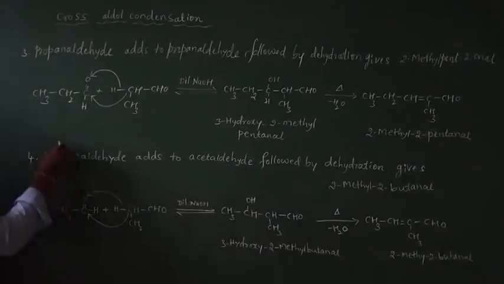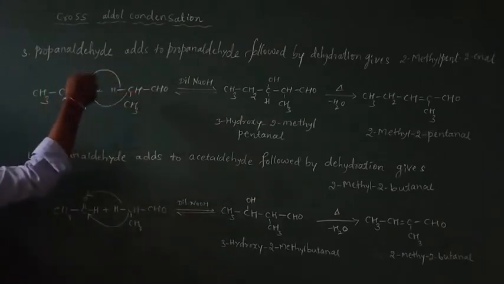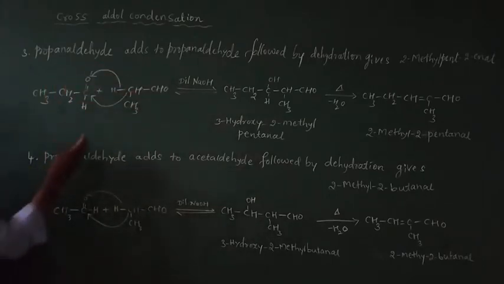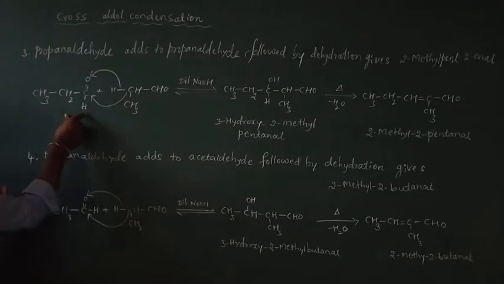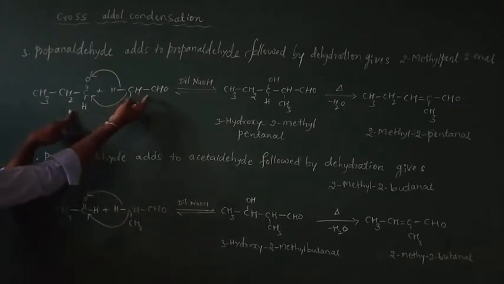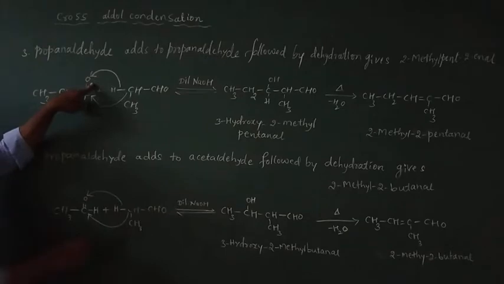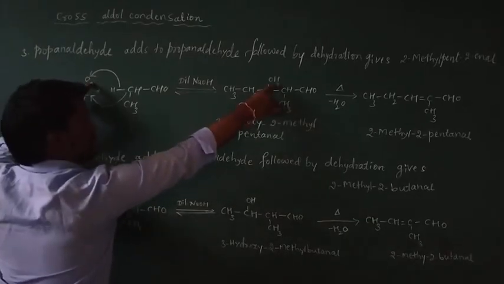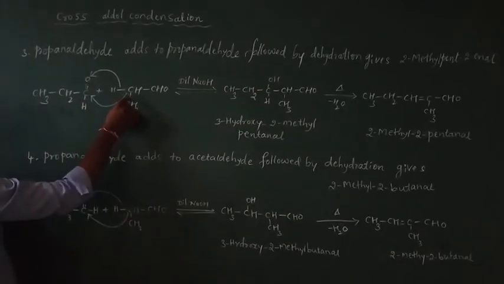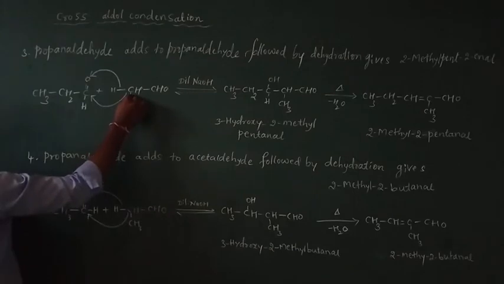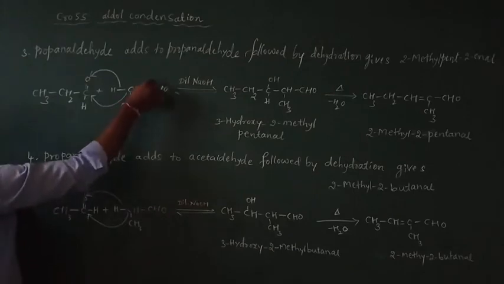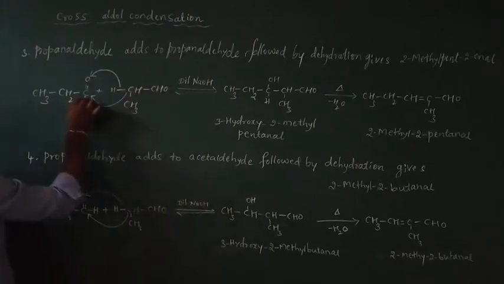Let us once again repeat: propanaldehyde is added to propanaldehyde. An alpha hydrogen from one of the propanaldehydes is added to the carbonyl oxygen to form OH, and the remaining part, CH3CHCHO, is attached to the carbonyl carbon.